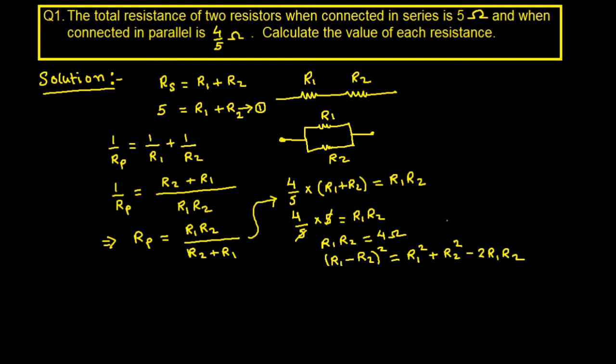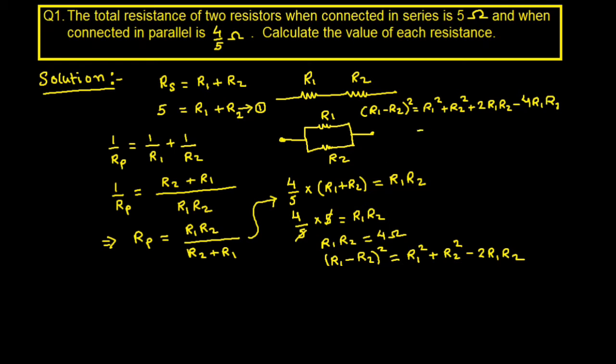Now, from here we can also write R1 minus R2 whole square equal R1 square plus R2 square plus twice R1 R2 minus 4 R1 R2.